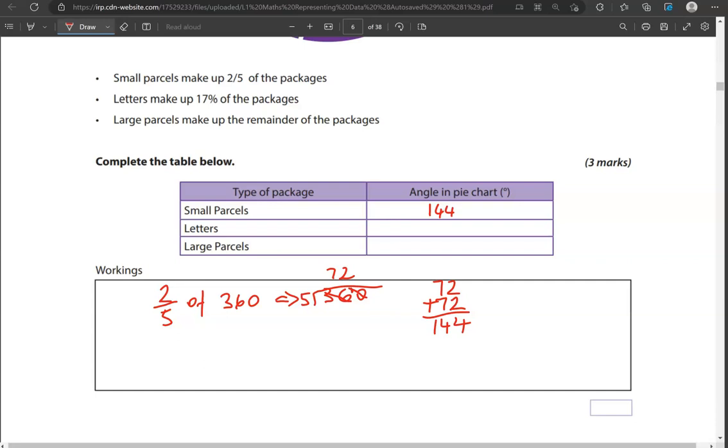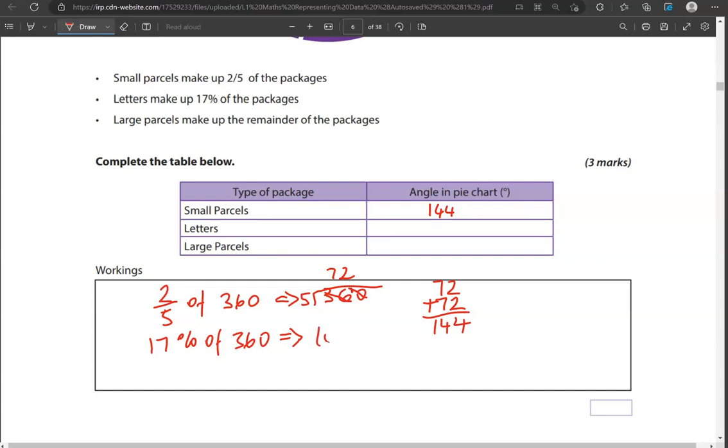Now we've got letters that make up 17% of the packages, and that will be 17% of the circle. So we're working out 17% of 360. Again, we can't use a calculator, so we'll use the 10% and the 1% methods.